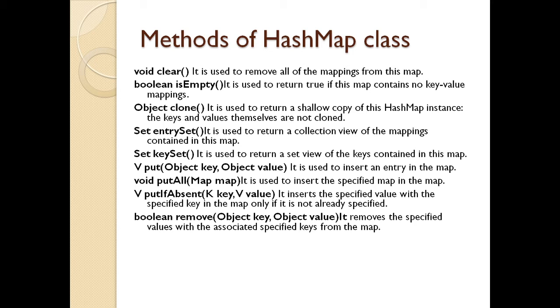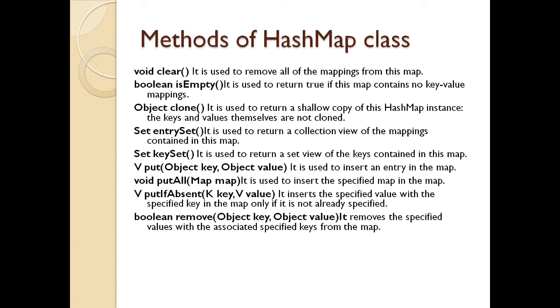When I say put(Object key, Object value), this method allows me to insert an entry in the map. Void putAll(Map) is used when I want to insert an entire map by inserting it with the putAll function in the associated map. putIfAbsent(K key, V value) inserts the specified value with the specified key in the map only if it is not already specified.